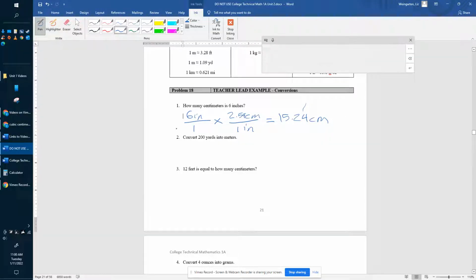Convert 200 yards into meters. Well, we are given a conversion between yards and meters, so that's helpful. We have 200 yards over 1 times, in 1 yard, there are 0.914 meters.